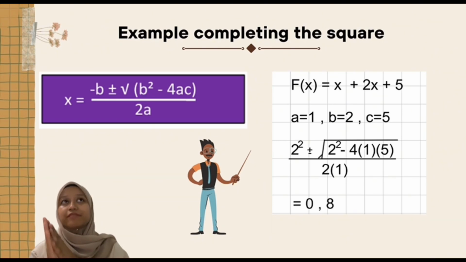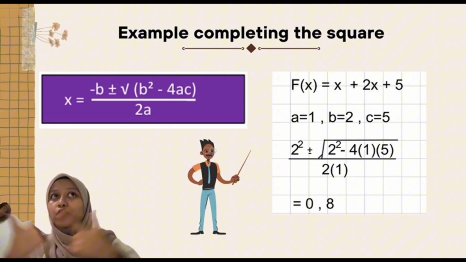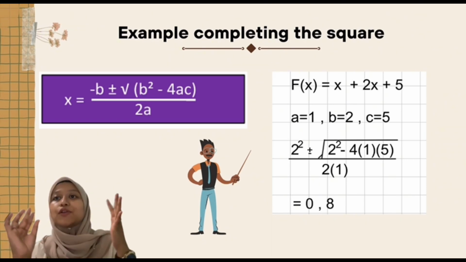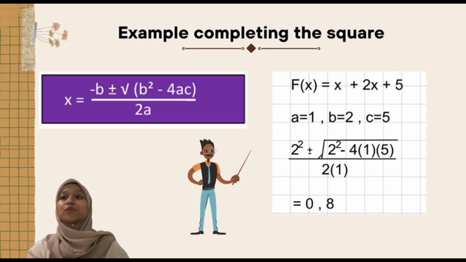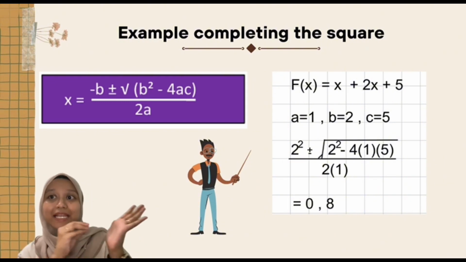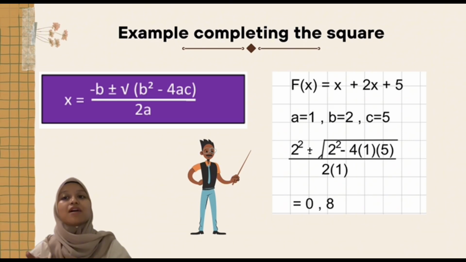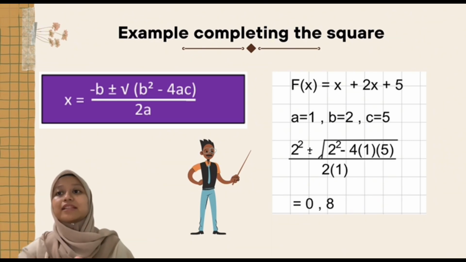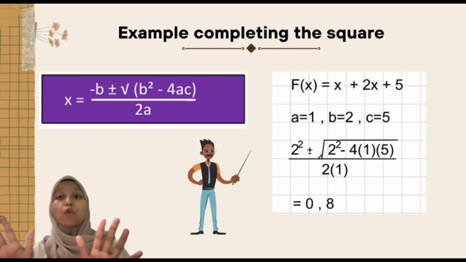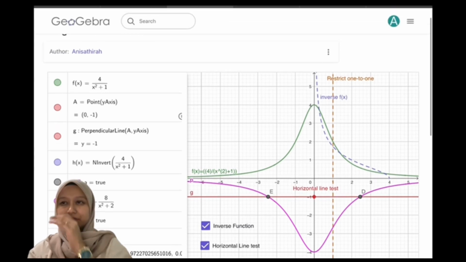As I mentioned before, in this concept, if you only have one touch with the horizontal line test and also your function is linear, you get a one-to-one function. But if your linear function touches the horizontal line test at 2 or 3 or more points, that shows you that the function is not one-to-one.